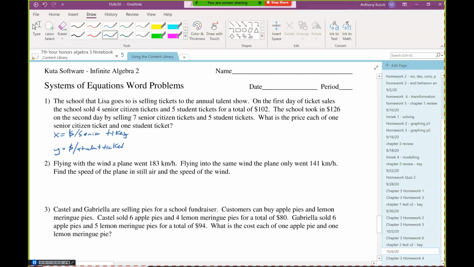Typically, I like to pick a more intuitive variable name, but since one is senior citizen and the other is student, they both start with the same letter. I mean, it seems like a dumb idea to do one as S and the other's capital S. I would get confused halfway through. So I just went with the good old X and Y.